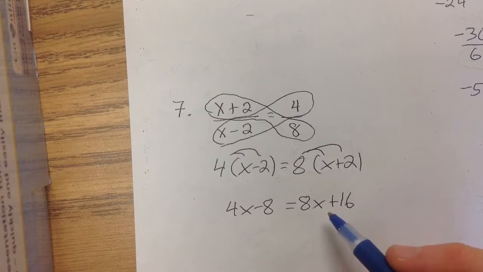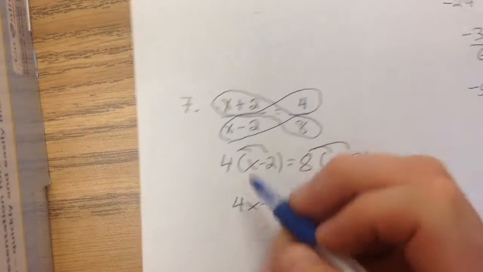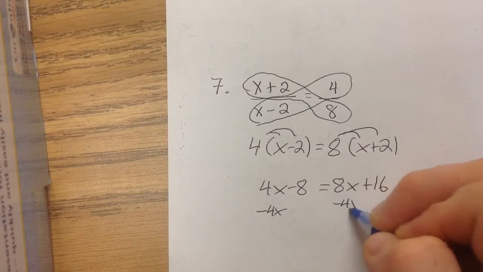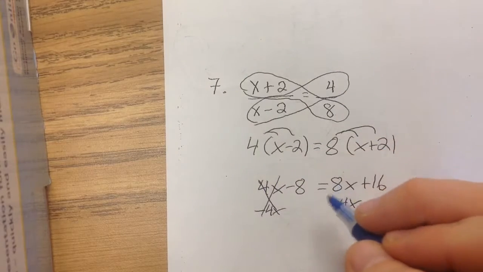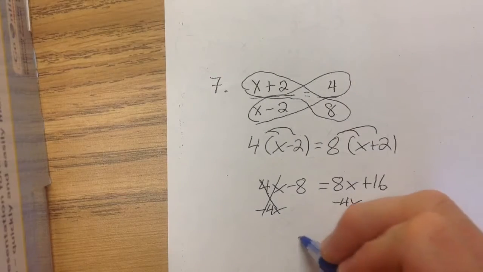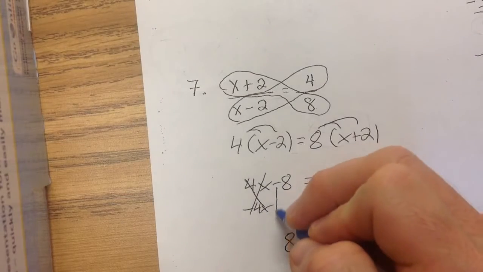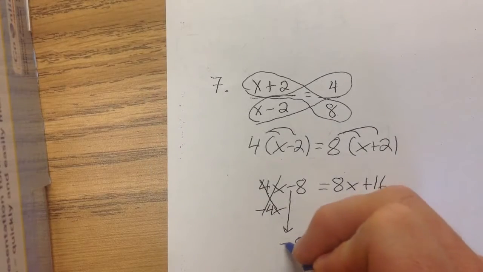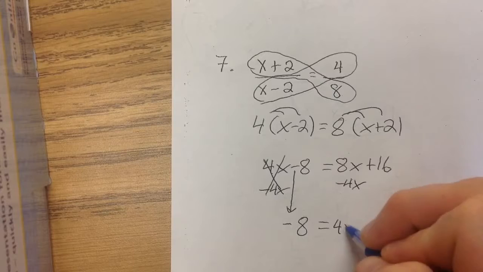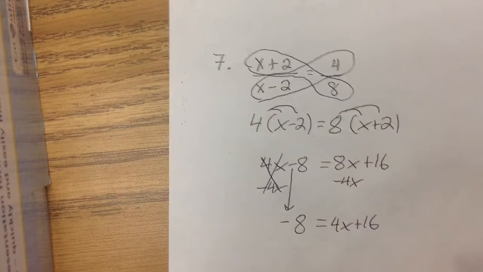Variables on both sides. Again, we're going to generally move the smaller variable. So that minus 4x, these are going to cancel out. Same thing as what we saw in number 6 here. When that 8 comes down, the negative sign or the minus sign has to come down with it, and we're left over with a negative 8 equals 4x plus 16.